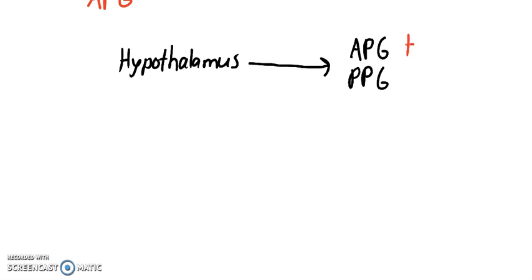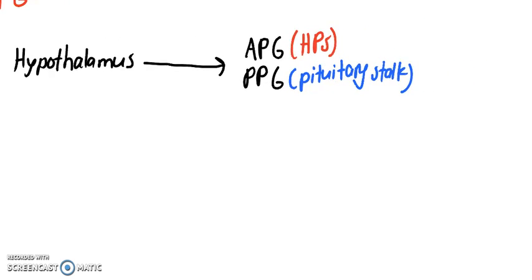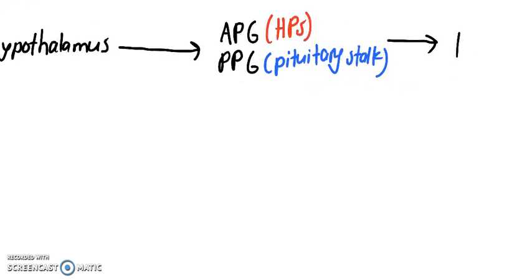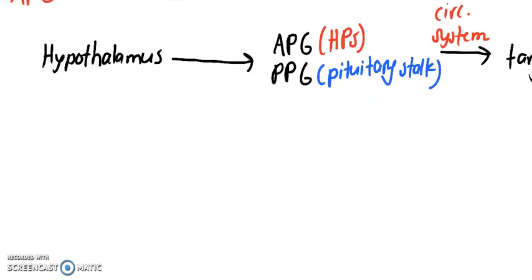This one is by the hypophyseal portal system, and this is by the pituitary stalk. Pituitary stalk. Okay, now this would reach its targets, so whatever the target tissue, by the circulatory system. So circulatory system.